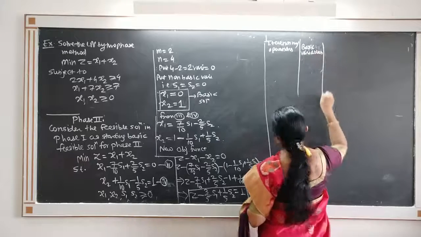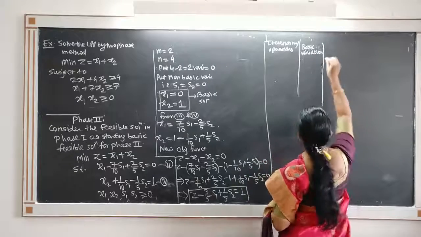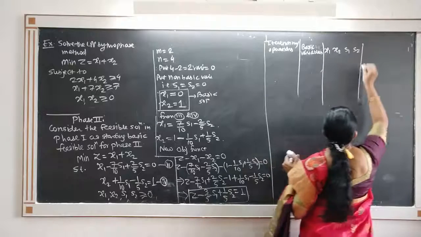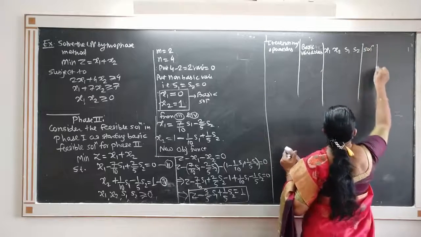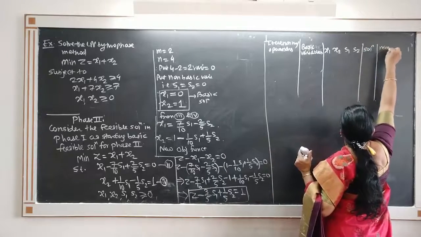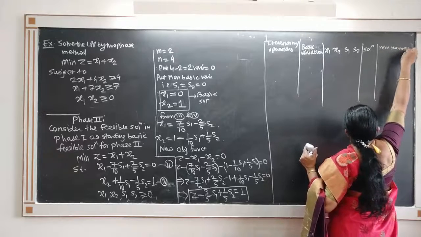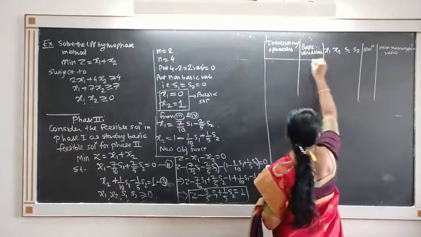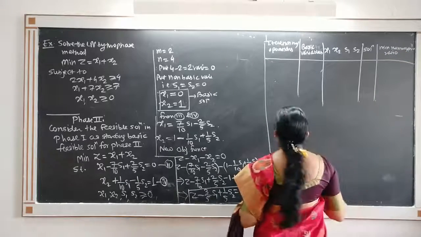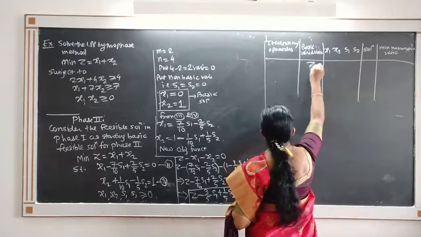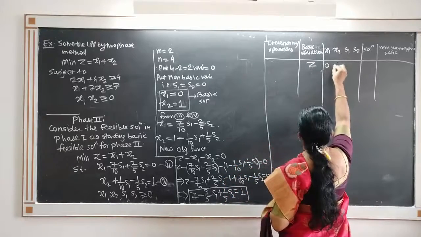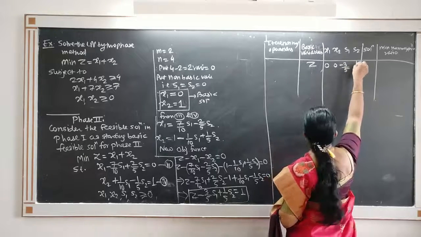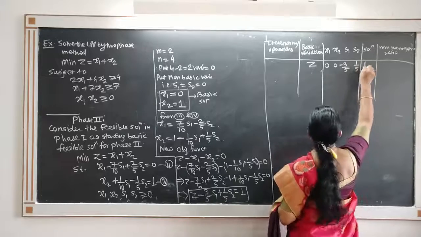Then all the variables which are present, that is x1, x2, s1, s2, solution and minimum non-negative ratio. Basic variable, our z row, z minus 3 by 5 s1, 1 by 5 s2 is equal to 1.